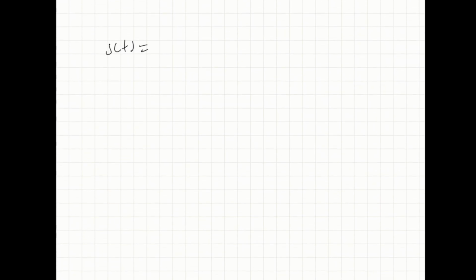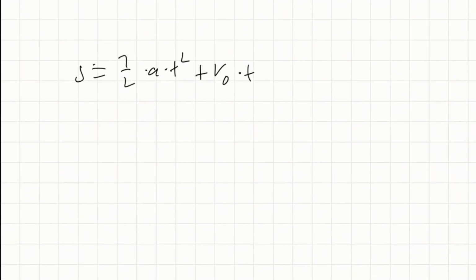Now we have to understand one last thing. This formula is s, or we can just say distance, equals 1/2 a t squared plus the beginning speed times t. So why do we have to write this? This term is the idea of the beginning speed.